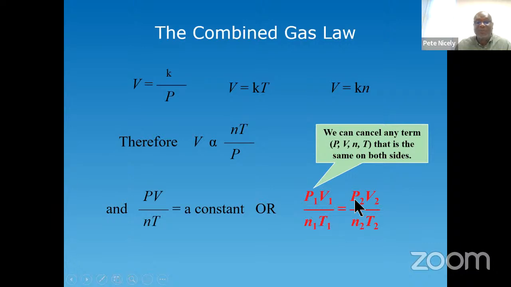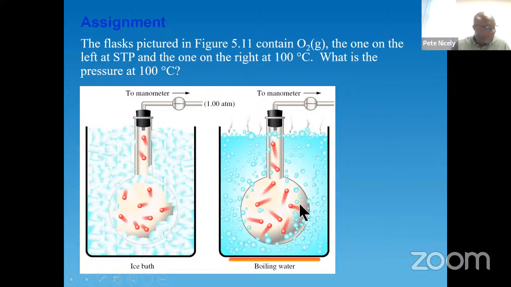P1V1 over N1T1 is equal to P2V2 over N2T2. And again, we can use this to solve problems where you need to find one if you don't know what the others are. Put the numbers in, manipulate the equation accordingly, and you'll get your answer depending on what the question is asking for. Okay, I think this is going to be the last example I'm going to work.